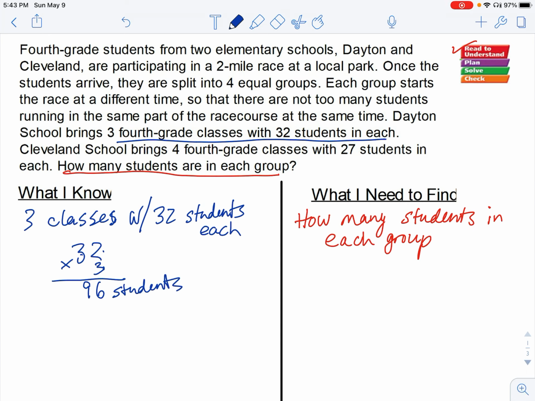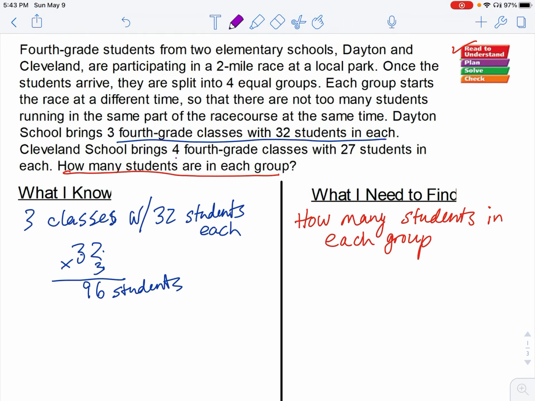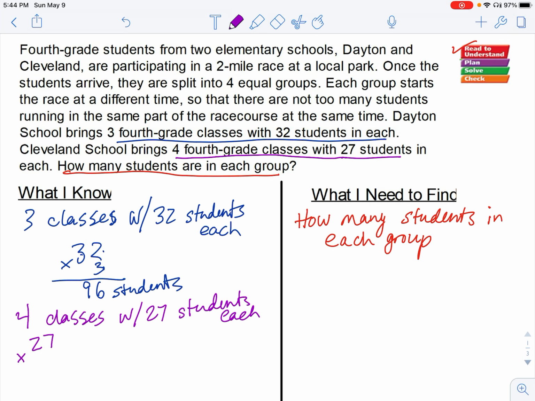Okay. I also know that there were 4 classes with 27. So let's take that into account. And again, to think about how many that is, we're going to do 27 times 4. Help me check this. 4 times 7 is 28.